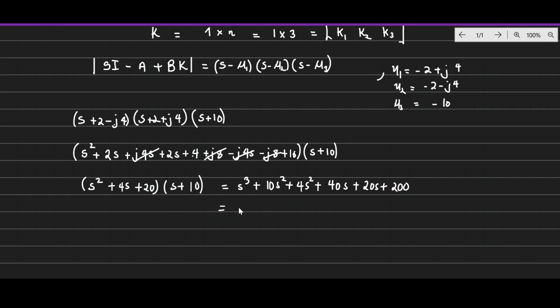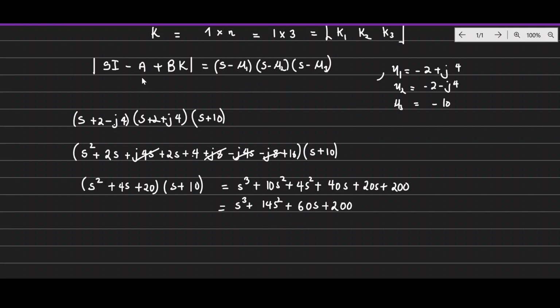So we have s cubed plus 14s squared plus 60s plus 200. This is the expansion of the desired characteristic equation.